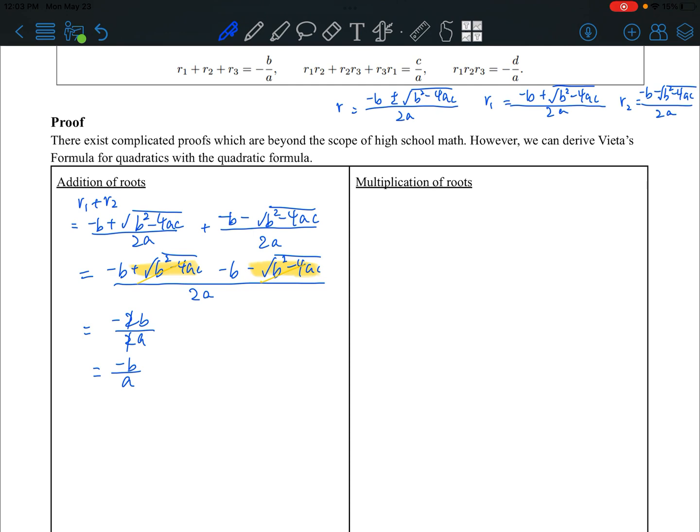Similarly, we can find the multiplication of roots using the quadratic formula. So we have negative b plus the square root of b squared minus 4ac over 2a, multiplied by negative b minus the square root of b squared minus 4ac over 2a.